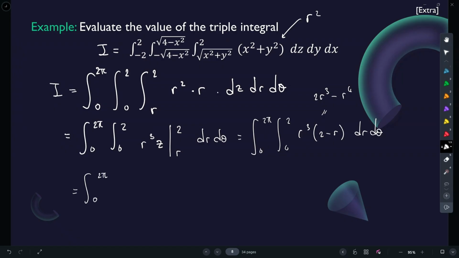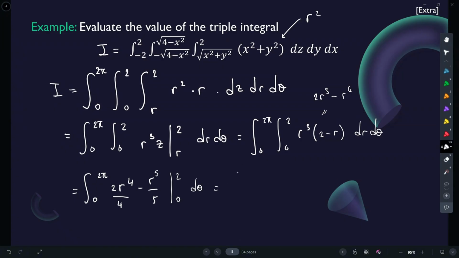That depends on r. The integral of 2r cubed is 2r to the 4 divided by 4, and the integral of r to the 4 is r to the 5 divided by 5, between 0 and 2, d theta.